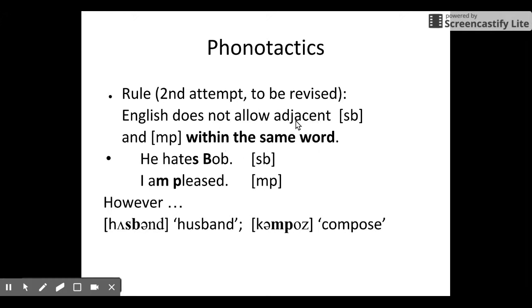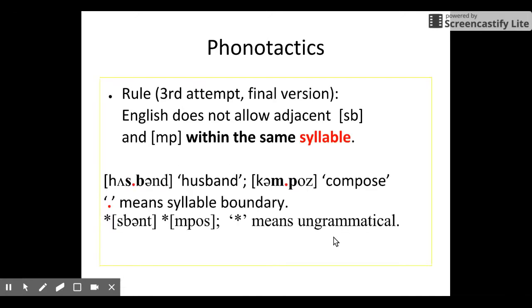Now I include the word boundary concept. However, this is still not right because we have the following counterexamples. We have husband, sp, right? And we have compose, imp, still. So this rule cannot rule out these two counterexamples.